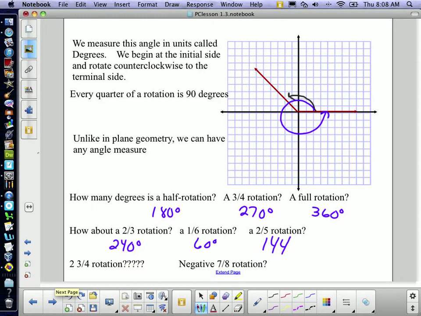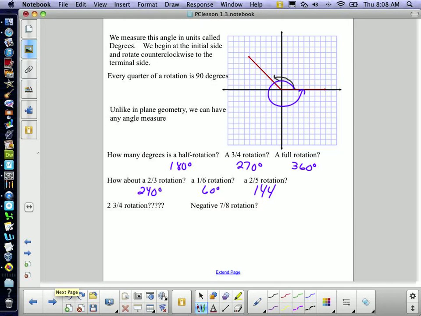Got the calculator out? That's what I would do. But let's think outside the box. We can have more than just fractional rotations. We can have larger rotations. How about 2 3/4 rotations? Yeah, 990.